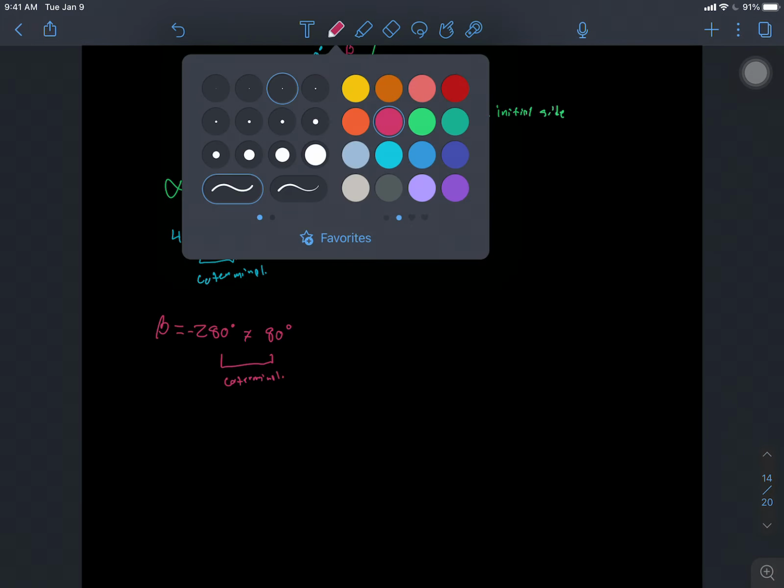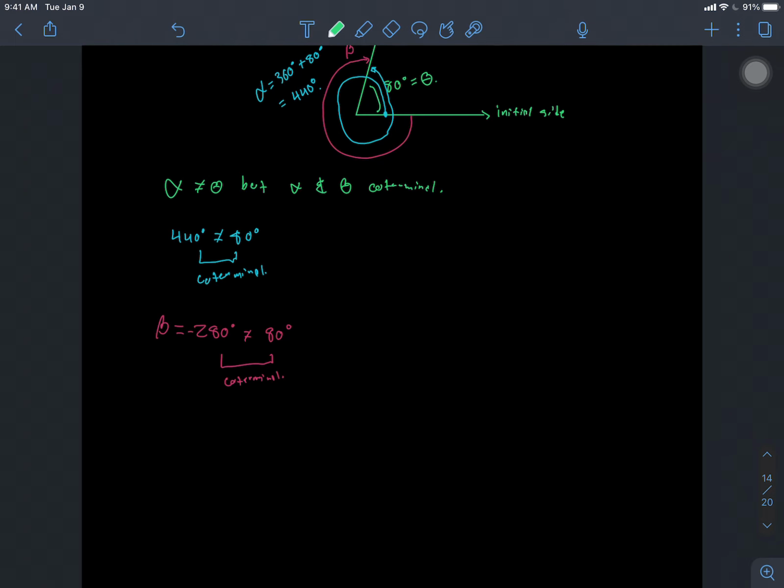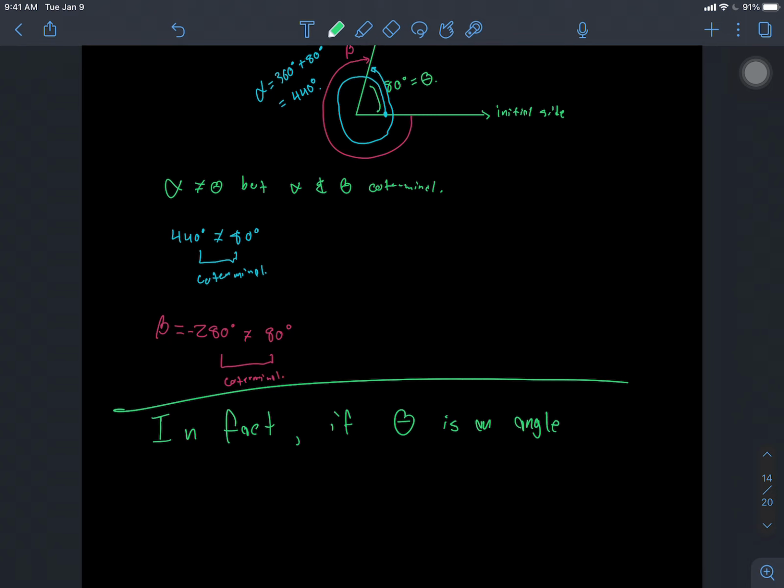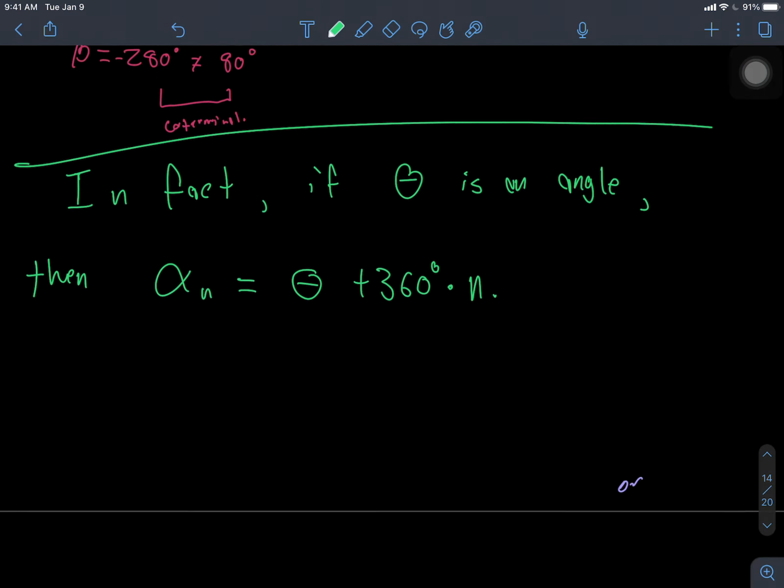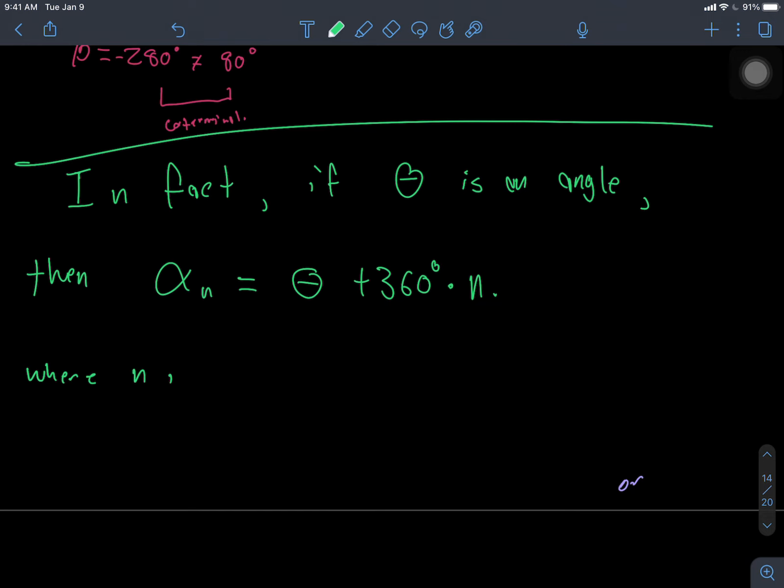In fact, if theta is an angle, then let's call it alpha n, equal to theta plus 360 degrees times n, where n is any positive or negative integer.